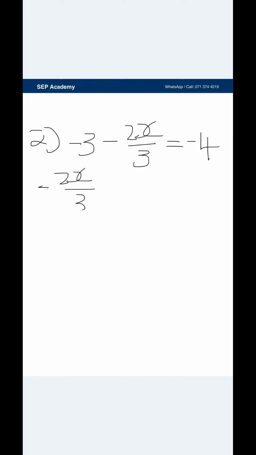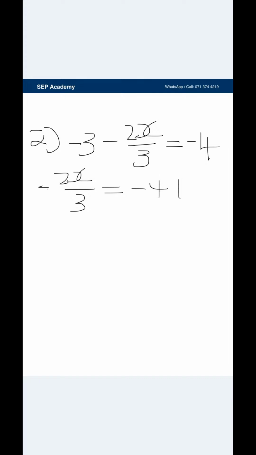So now let's say you have negative 3 minus 2x over 3, and this being equated to, let's say, negative 4. Again, in this case, you will definitely leave the negative 2x over 3 on the left hand side equal to negative 4.